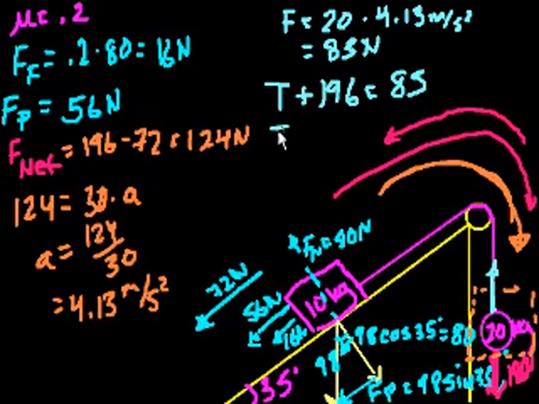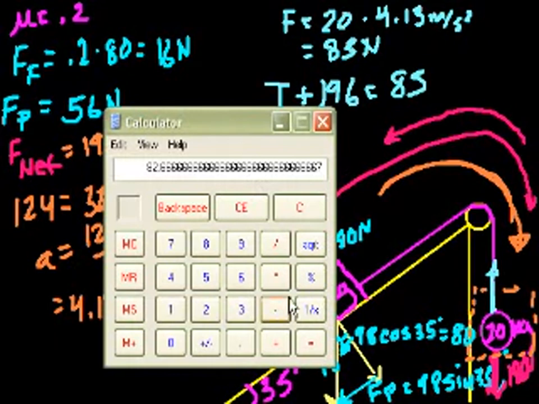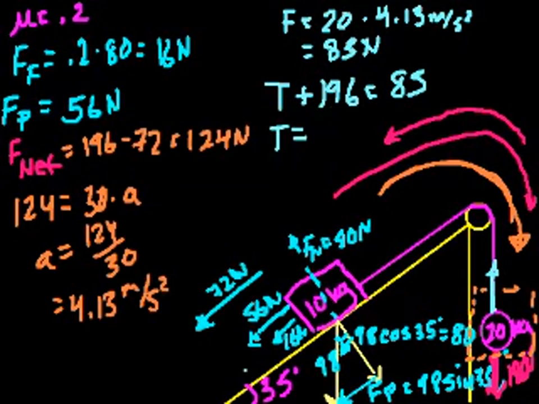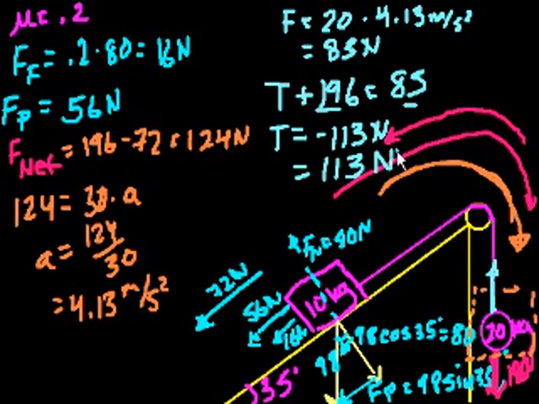So tension will be 83 minus 196, which is equal to minus 113 newtons. And the only reason I got a negative number is because I used positive numbers for downwards. So minus 113 newtons downwards, which is the same thing as 113 newtons upwards. And so that is the tension in the rope.